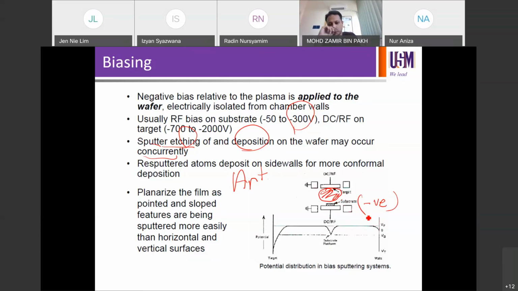So it will attract more plasma. So it will attract more argon plus, and it will enhance collision rate or impinging rate of the argon plasma on the substrate. So thereby it will increase the sputtering rate. More and more atoms are going to be dislodged off the target for deposition process.